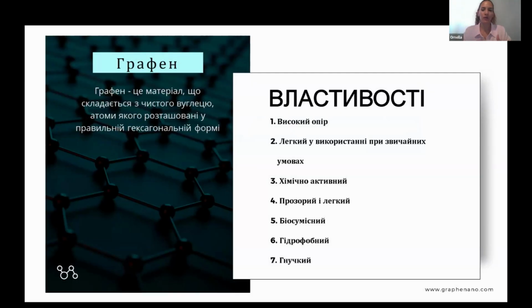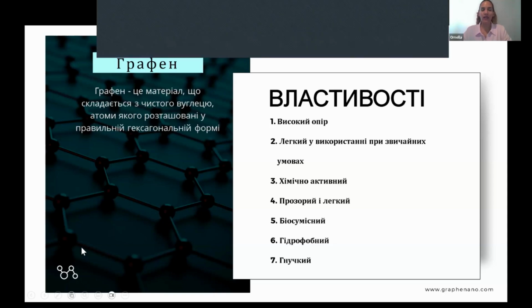We can find carbon also in the diamond, and in our body. Depending on how these carbon atoms join, we are going to have different configurations and different materials. Graphene has a hexagonal shape, as you can see in the image on the right, okay? And the good thing about this is that it's going to completely reinforce the polymer matrix, okay?